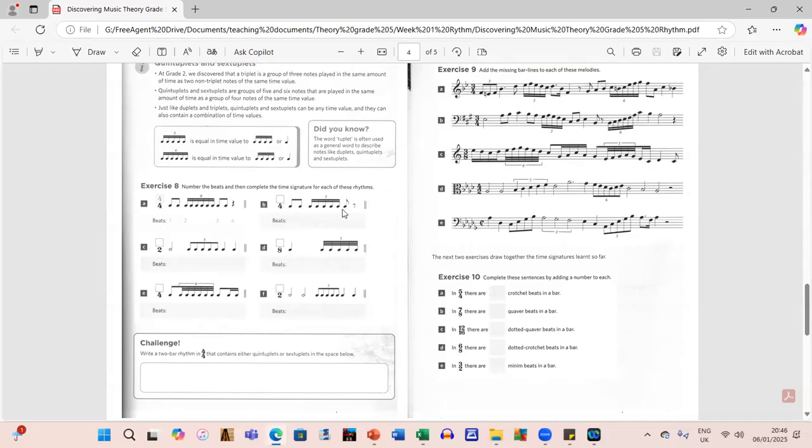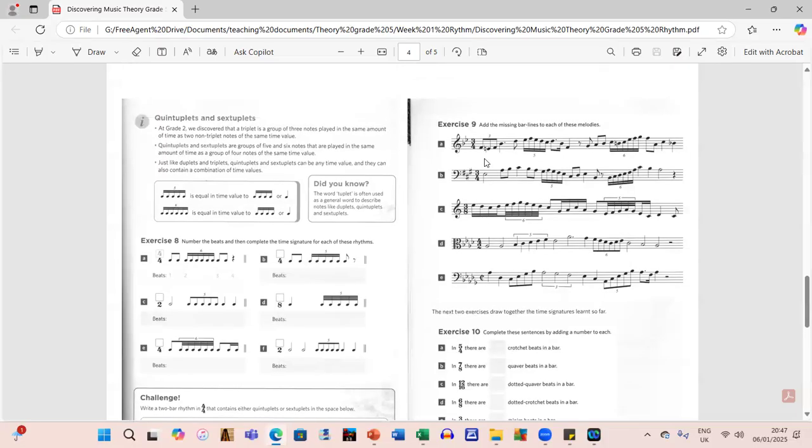So it'll be 1 beat, 2 beat, 3 beat, so the answer there would be 3/4. The key to working out your quintuplets and septuplets is there. It's back on the slides as well, with the answers for working them out.